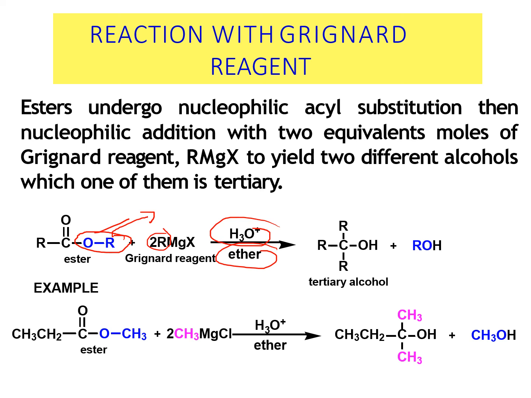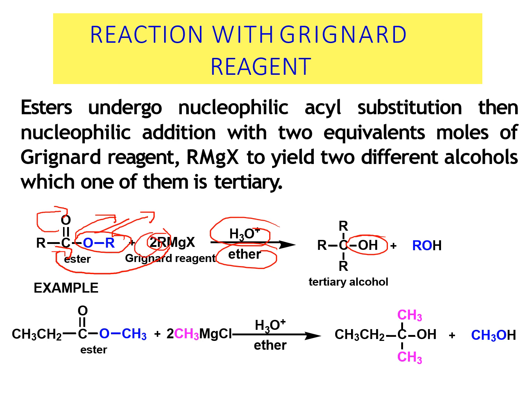Following the usual mechanism, the Grignard reagent will attack the carbon of the C double bond O. So the double bond O will be eliminated, and then it will remove the OR. To balance the oxygen, it will become OH. So there will be 3 R.